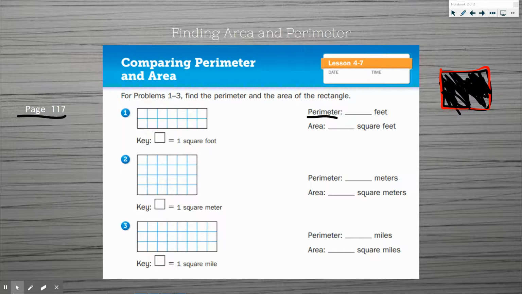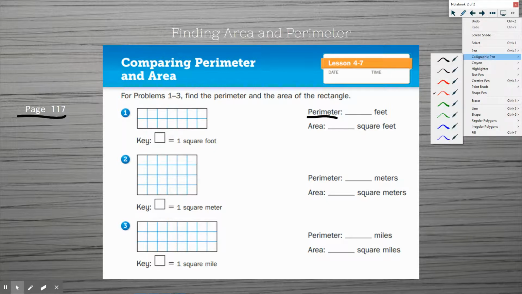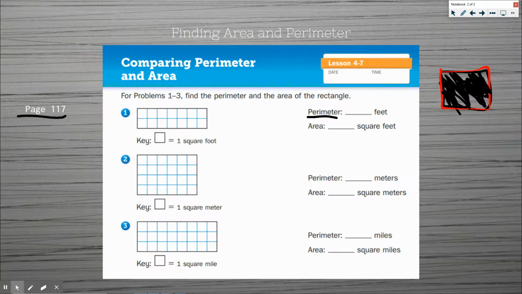And we're going to work at finding the perimeter first. So I need my red pen, and I'm going to count around the shape. So I like to start in the top left, so where my red dot is, and I'm going to count each of my squares from one spot to the next to the end of the square.